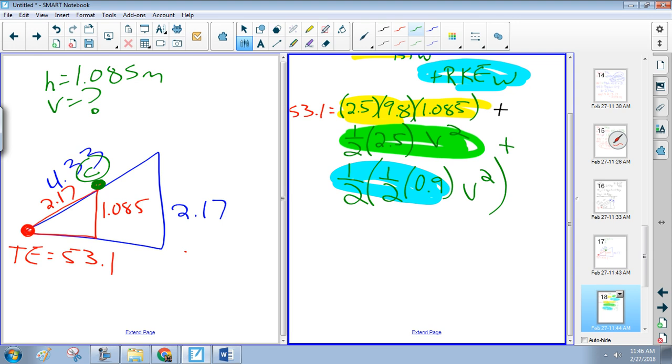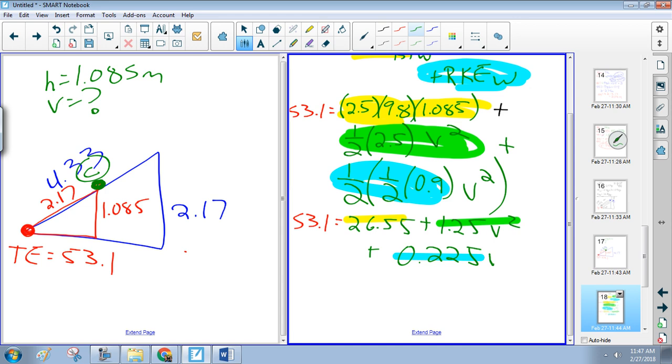So here's what you get. You get 53.1 equals 26.55, which is the yellow, plus 1.25 v squared, which is that weird neon green color, plus the blue part there, which gives you 1.475 v squared.